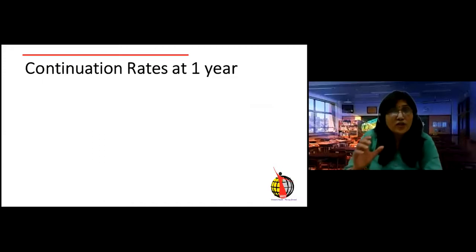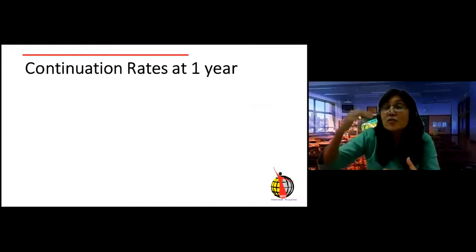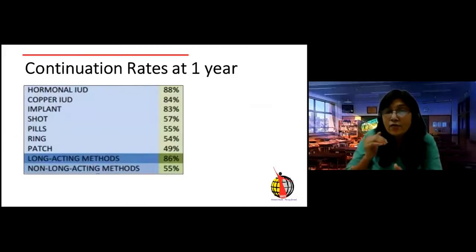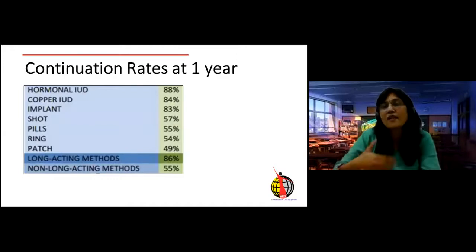And the next question will come to you, what is the continuation rate? Do they continue beyond 1 year of use also? So if you talk of LARC, which is long acting, and compare with short acting methods like the shots or the pills or the rings or the patches, long acting methods have 86% continuation rate in the next year as compared to the non-long acting.